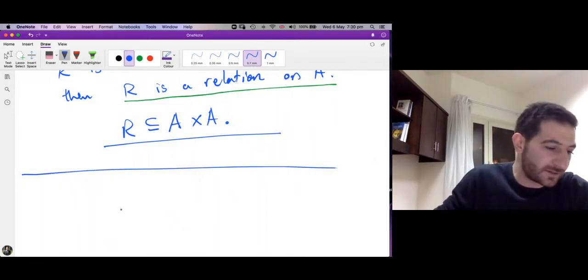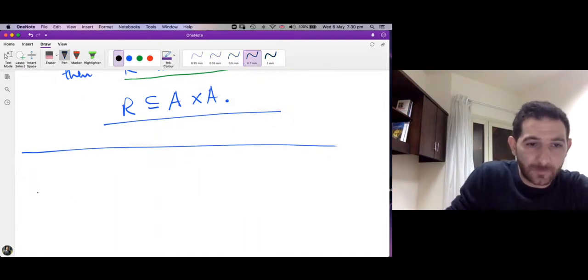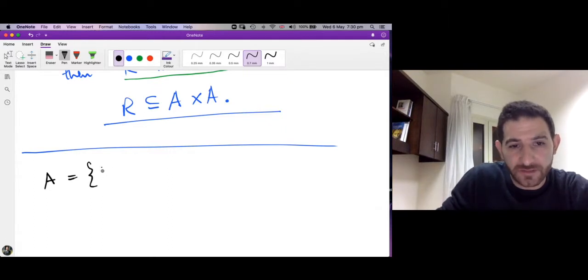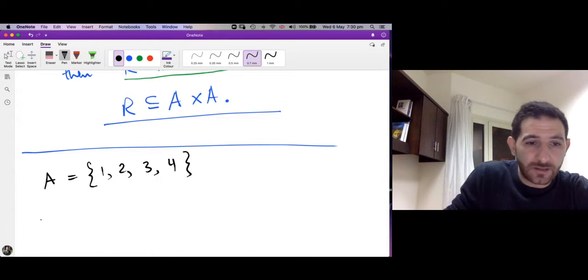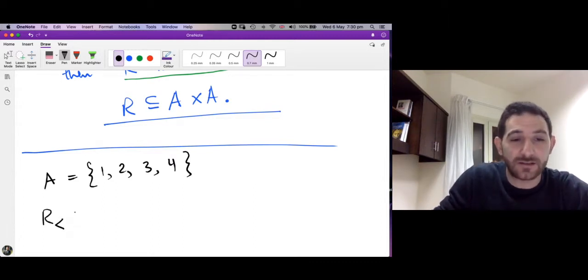Okay, let's take an example of a relation on a set. Let A be the set of the first four positive integers, 1, 2, 3, and 4, and consider the relation which represents the less than, strict less than relation.